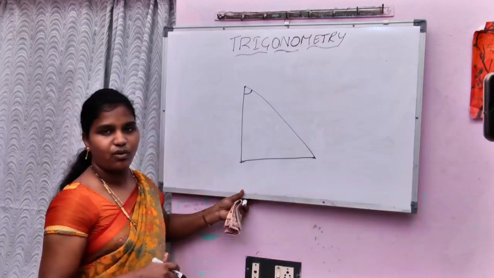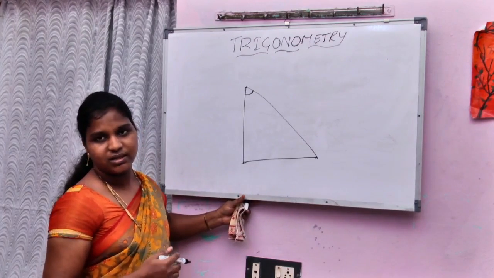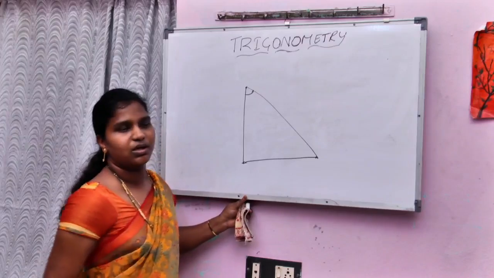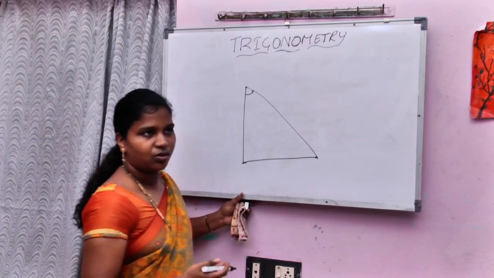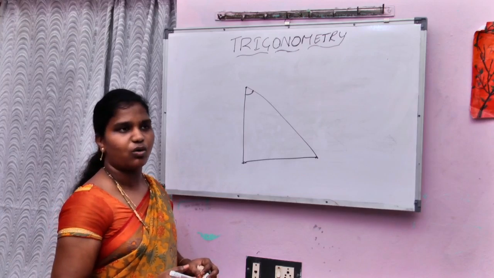These can all be found by some mathematical techniques. Those mathematical techniques come under trigonometry. So in trigonometry we can find the height, slope or distance between any two objects.